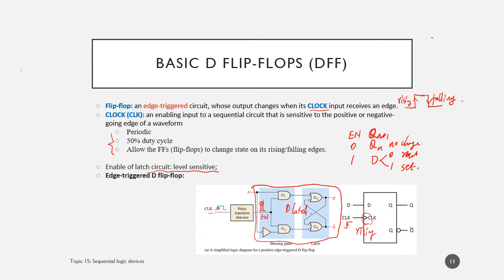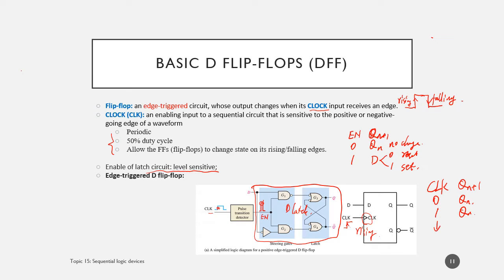Then it's easy to write the truth table. We have the clock input, we still have the D input, and Qn plus 1. When clock equals 0, it's not an edge, so Qn plus 1 will not change. It is still equal to the original state. If clock equals 1, still not an edge, no change.